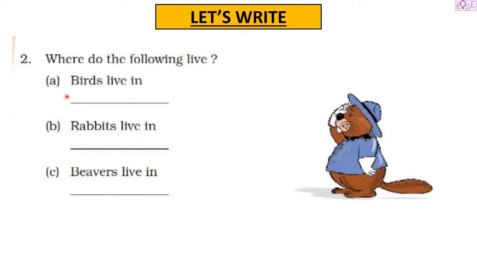So first of all, where do birds live? Have you seen this kind of structure on your terrace or on your balcony or sometimes majorly on a tree? So these kind of structures are made by birds themselves.